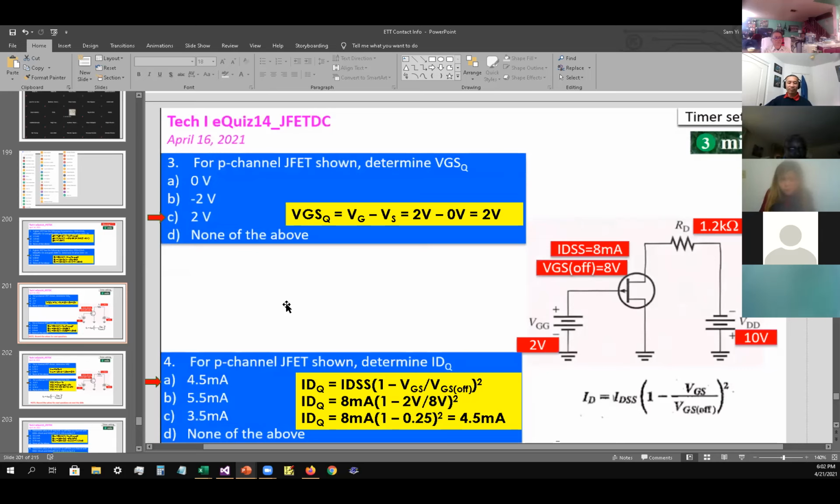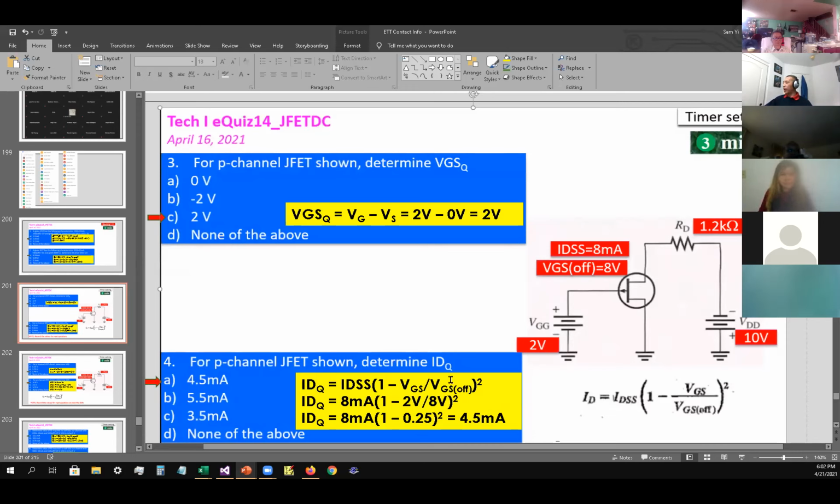Okay, very good. Question 4: for the p-channel JFET shown, determine IDQ. Same thing: apply the formula IDQ equals IDSS times the quantity 1 minus VGS divided by VGS(off), quantity squared, and substitute in all the values.